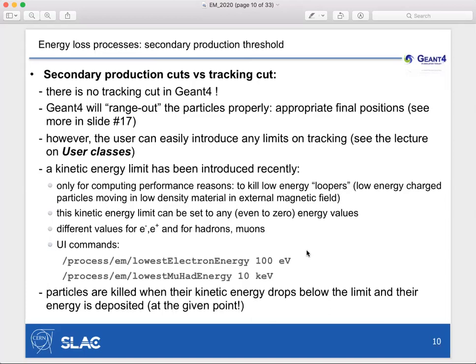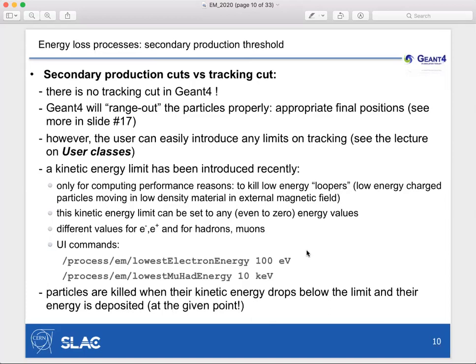So you, as a user, have the possibility to apply a tracking cut. Moreover, there is a tracking cut introduced in Geant4, but not by design, okay? So this is a very important difference. This tracking cut has been recently introduced, and as a user with the UI command you can set it to 0 and everything will work fine.